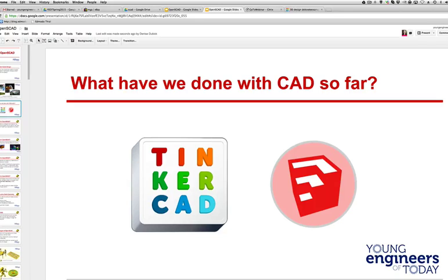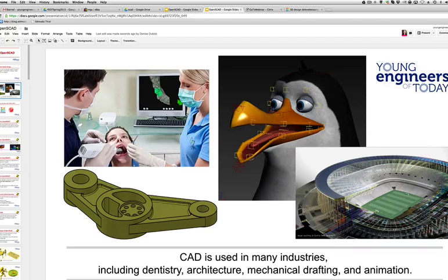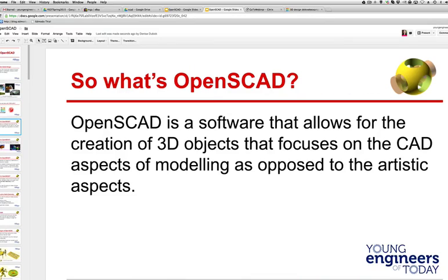And we've done Tinkercad and SketchUp. And this is more the computer-aided design aspects, not the artist or fun stuff. Not fun is the wrong word, but this is all very cool animation. This would be more CAD, where, hey, we're going to make something a very specific object.